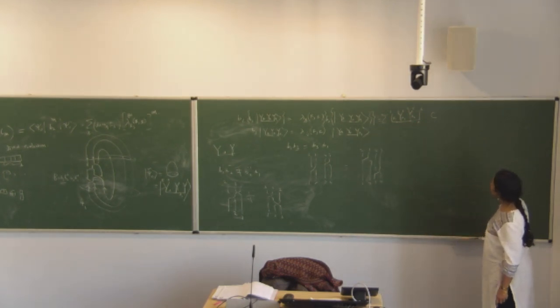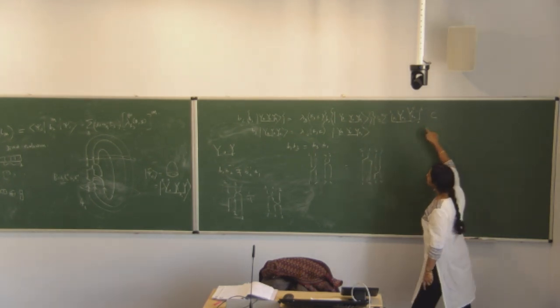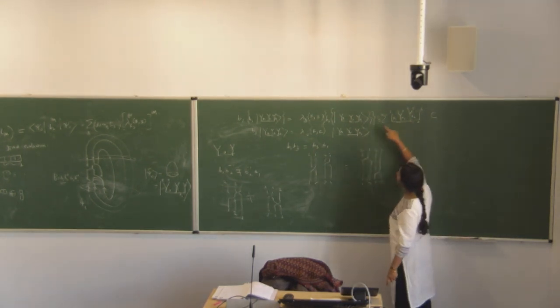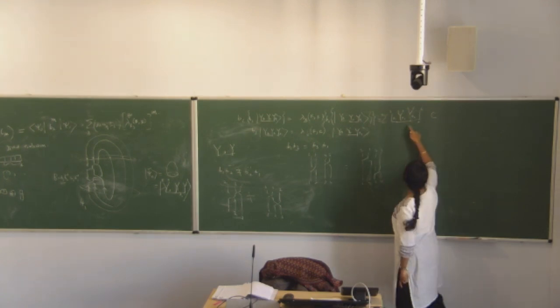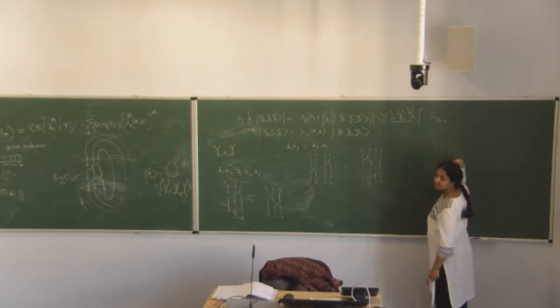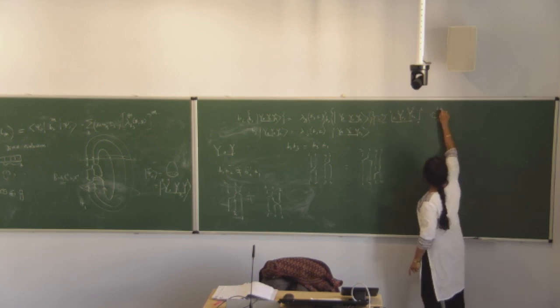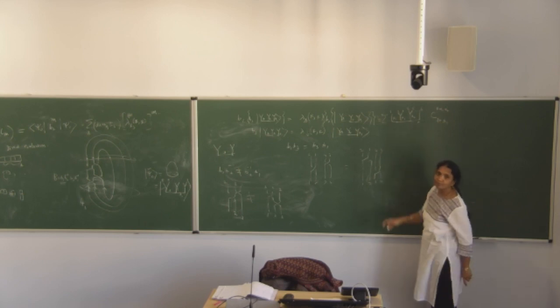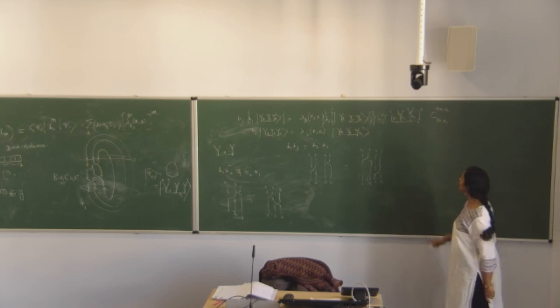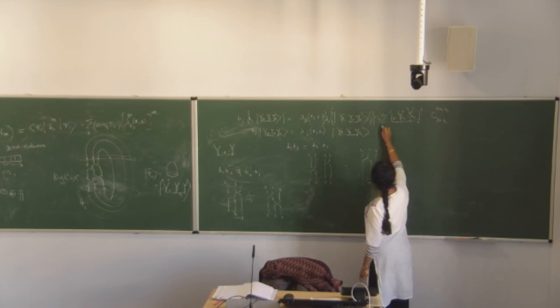So I need to write a matrix C which makes a change of basis. Okay? So it takes you from, let's say, S, T, S1 to R, U1, U2 times this, and which one has to be summed up? You have to sum up over all possible U1, U2.